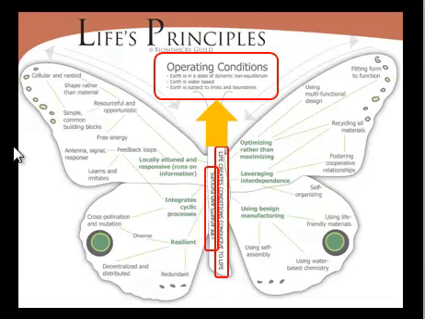And they're represented by the 2 sides of this butterfly. And the idea is all the principles on this side feed into the ability to adapt and evolve, and all of them on this side feed into the ability to create conditions conducive to life. And these help organisms on Earth survive and thrive under the operating conditions here on Earth.